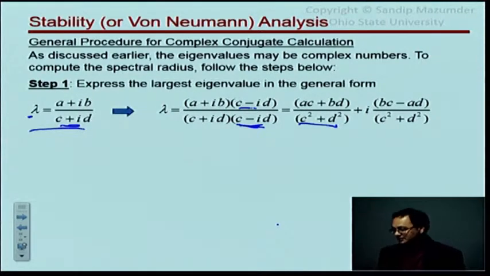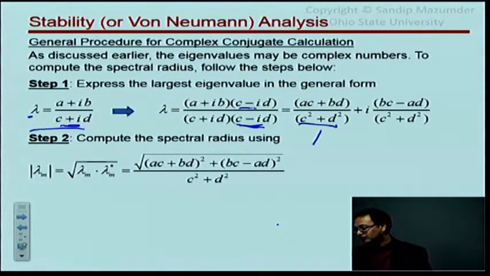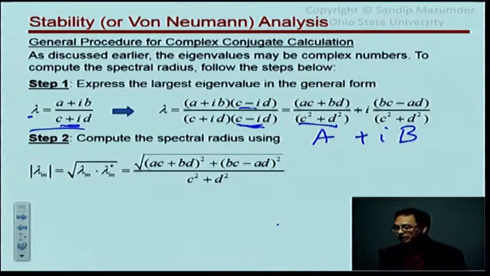Then you have something of the form a plus ib, and you can easily calculate the complex conjugate, because the conjugate is a minus ib. Then you take the magnitude. That's a formula that you can just use.